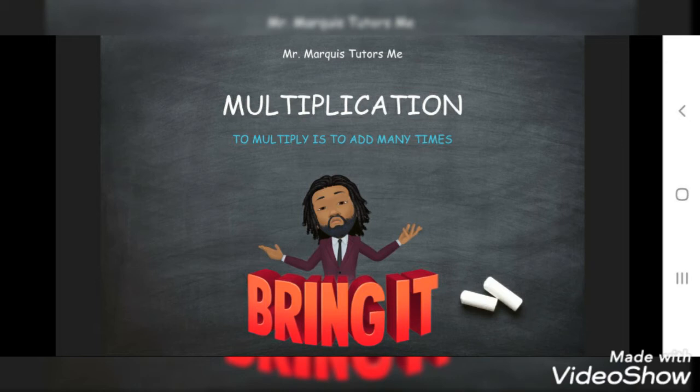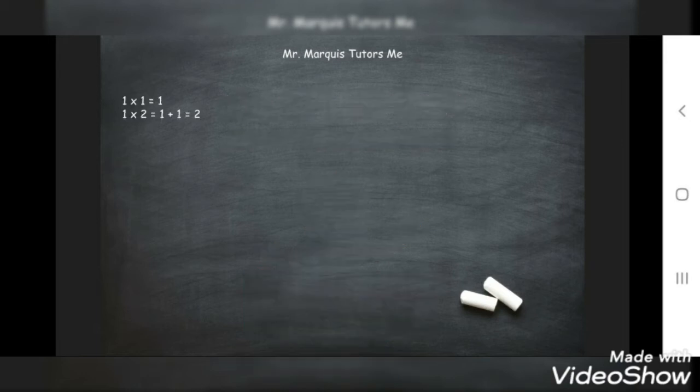Now, we have just passed the practice stage. So yes, the practice stage may take you about 10 to 20 minutes, but we had to get that practice down. I had to get your mind ready for these big numbers that you're going to see. And basically, I go back, turn the page, and I'm going to start with 1 times 1 equals 1. And then 1 times 2 equals 1 plus 1, which I just wrote 1 two times, or I wrote 2 one time.